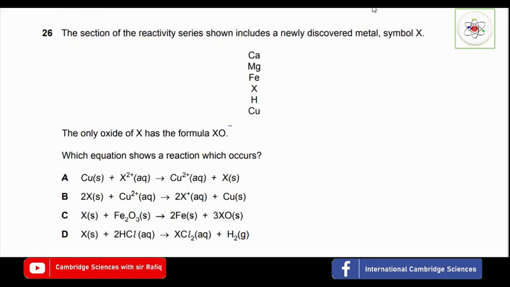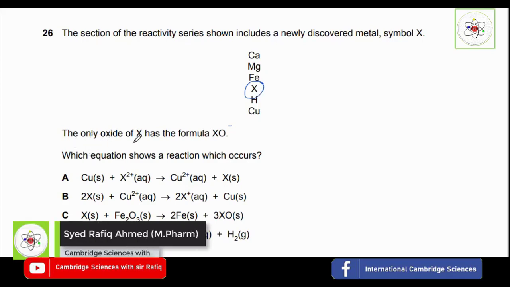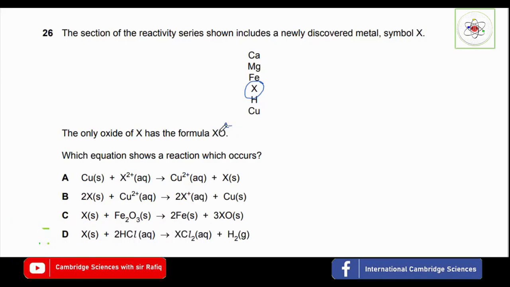Okay, the section of the reactivity series shown includes a newly discovered metal with symbol X, right? So you can work out the position of X in the reactivity series. The only oxide of X has the formula XO. So it means that oxygen has 2 minus, so X must have 2 plus. Okay, the charge of 2 plus.